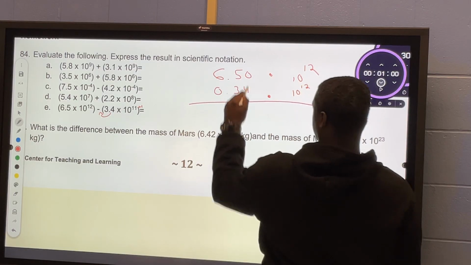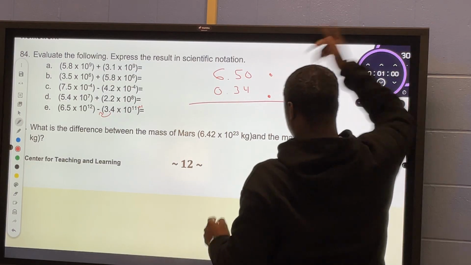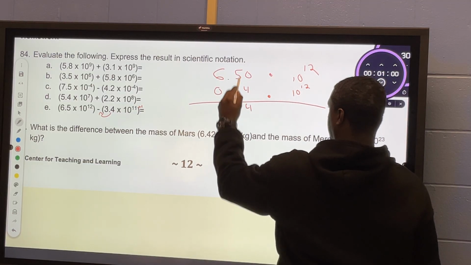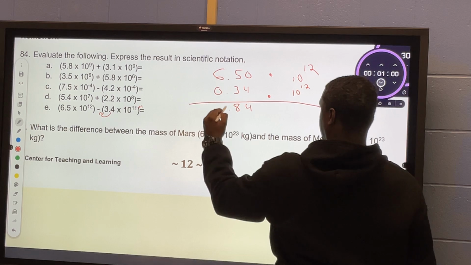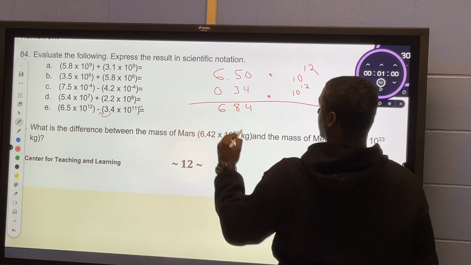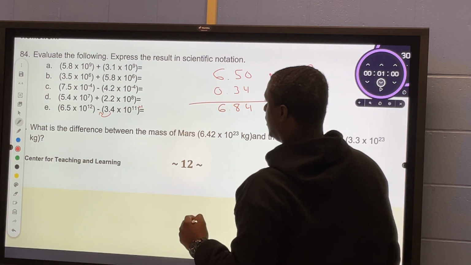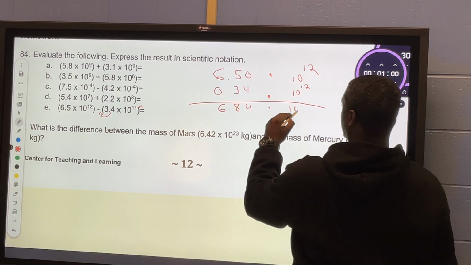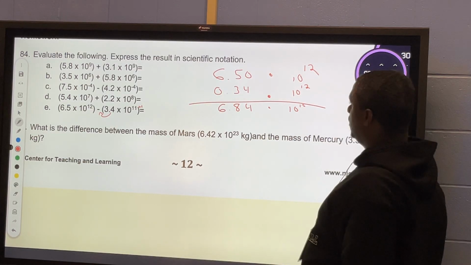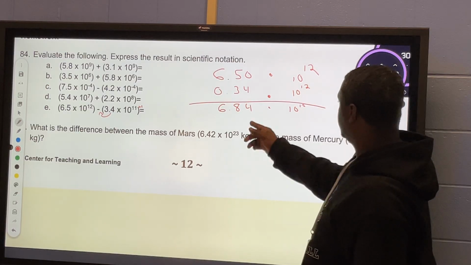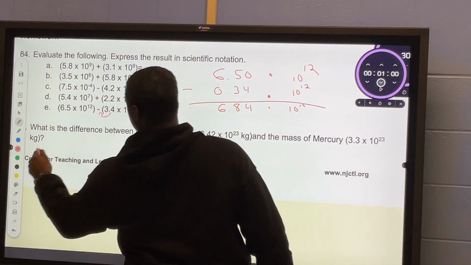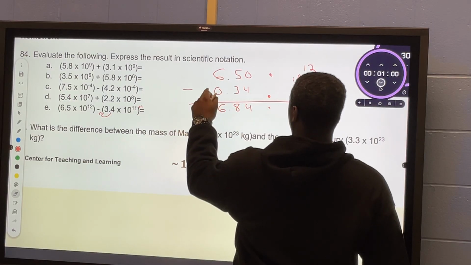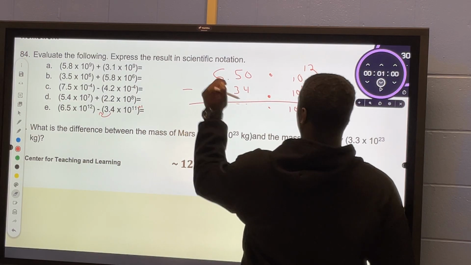6.84. And let's go from right to left. 4, 8, 6. Times 10 to the 12 power. Hold on, something is off. Oh, we're supposed to subtract, not add. Yeah, you're right. Never mind, my bad. Right here, 6.16.